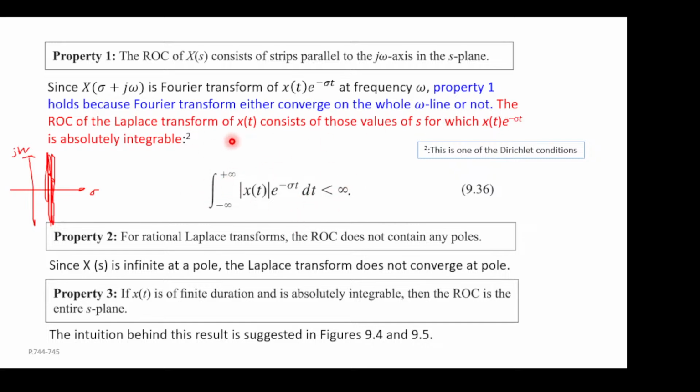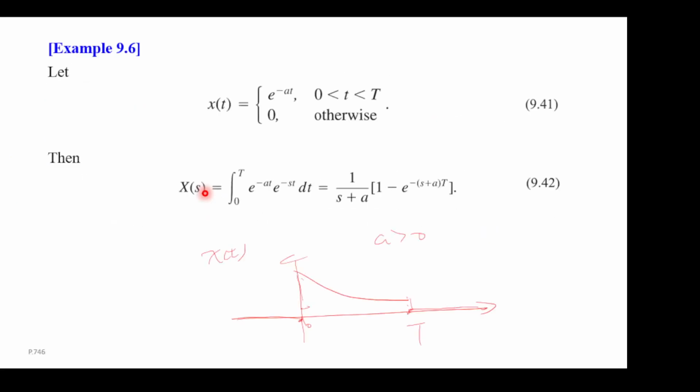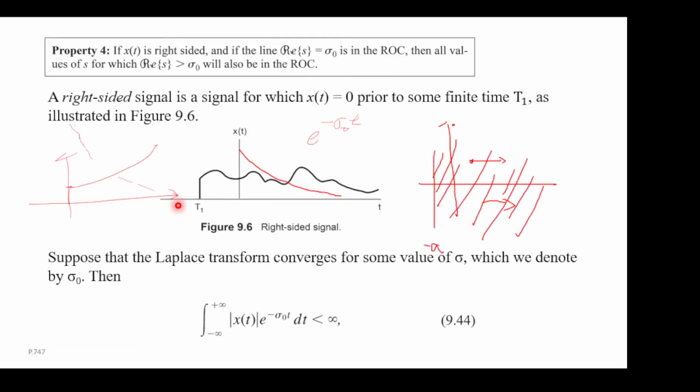But what we are assuming is that this is an if and only if, right? So it doesn't seem very rigorous, but this is what we assume. Okay, so we are thinking sigma is in the ROC if and only if this thing is absolutely integrable.